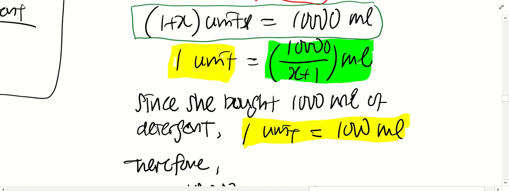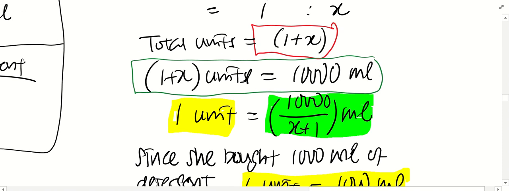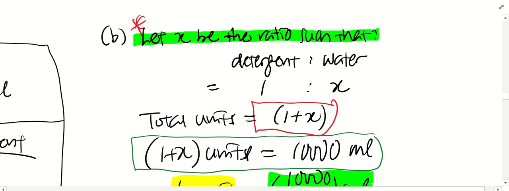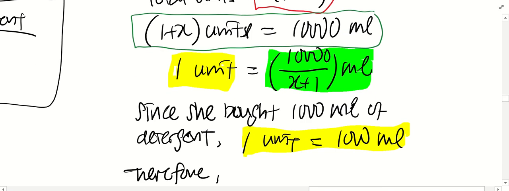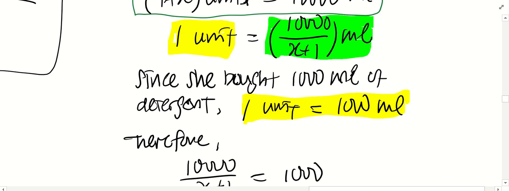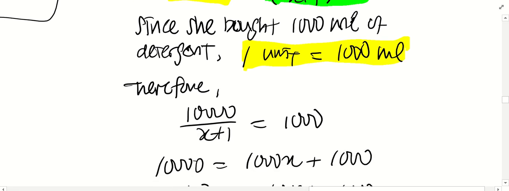Next, we know from the previous part that since she bought 1000 milliliters of the concentrated detergent, that's 2 bottles, and the ratio for detergent to water now is 1 is to x, 1 unit of detergent represents 1000 milliliters. So we have this piece of information. Therefore, 1 unit over here equals 1000 milliliters.